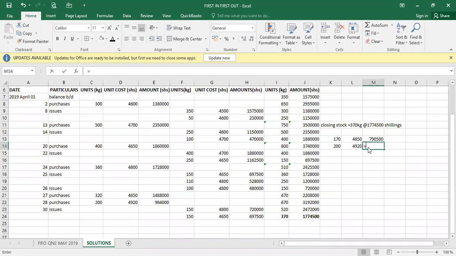When we multiply, it will be cost, this, multiply it with this. It will give us that. So if you add this plus this, you must be getting this total. So it will be cost, this plus this, which gives us exactly the same figure which we are looking for as this.